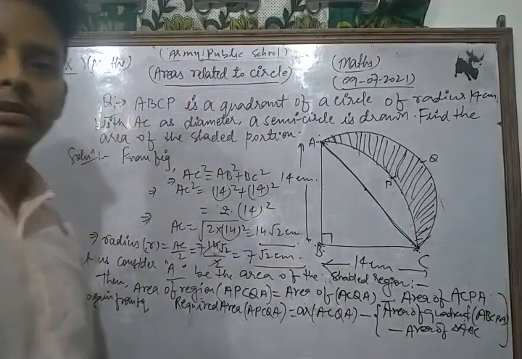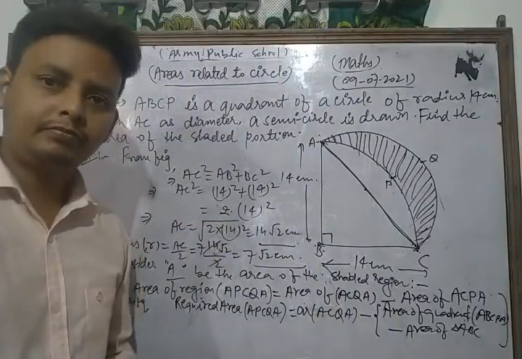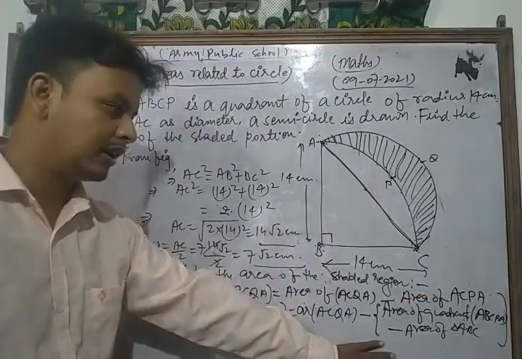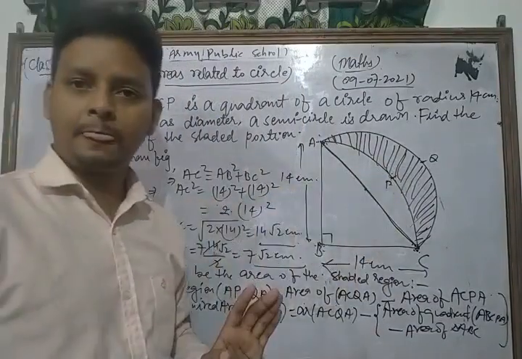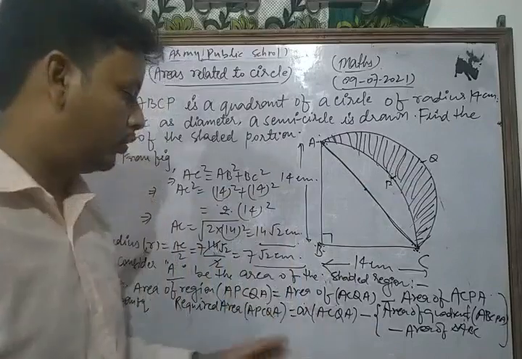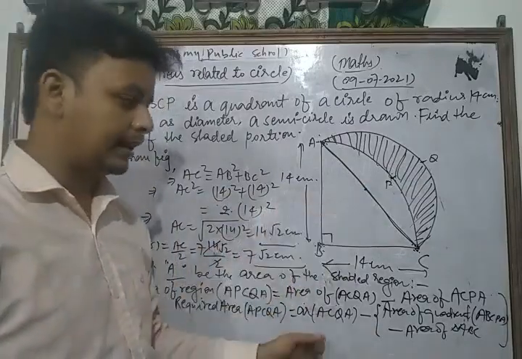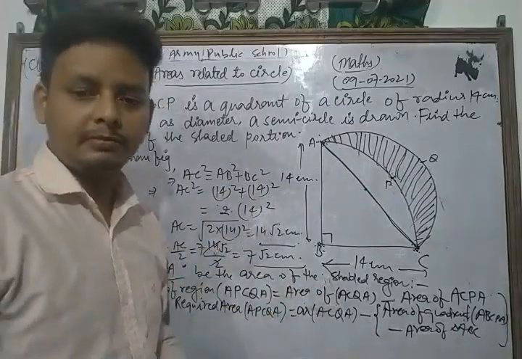In this way, this is the formula through which we find the area of the shaded region. Now we put each and every value in that expression and simplify. Let's see.